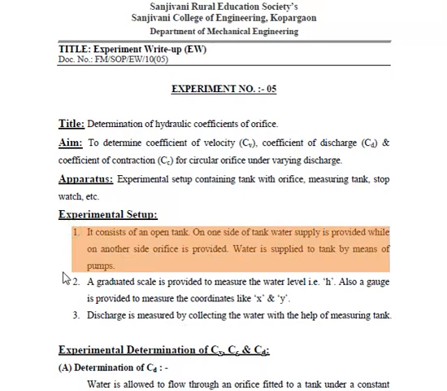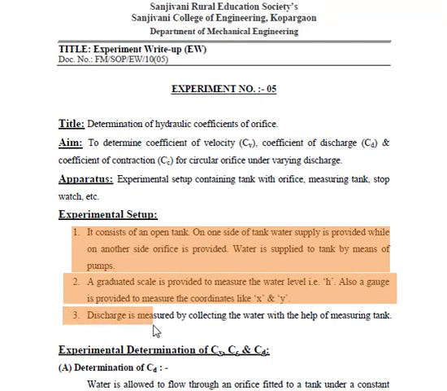Then we are having a graded scale to measure the distances of the level, that is a piezometer, to measure the height of the water from the orifice, and it is provided with the measuring coordinates of x and y. Next, a discharge measuring tank to collect the water, and hence we can measure the Q actual, that is what we also call the actual discharge.